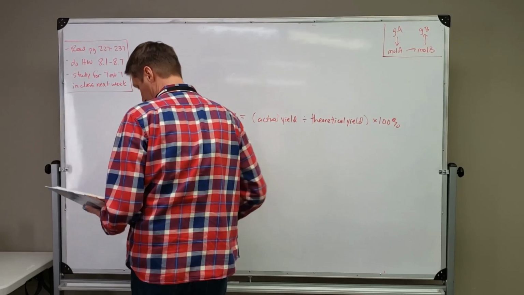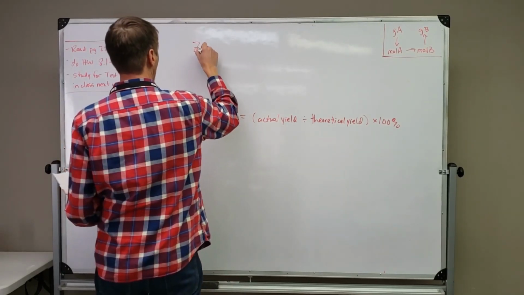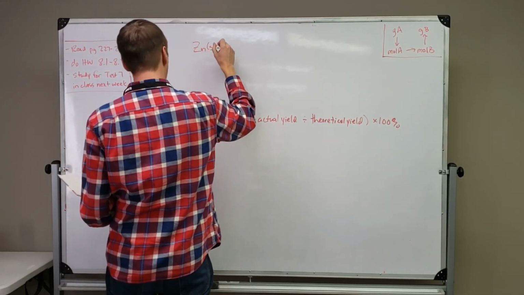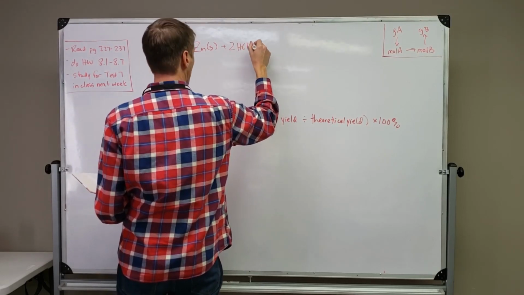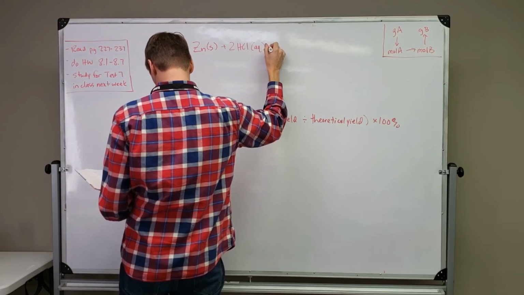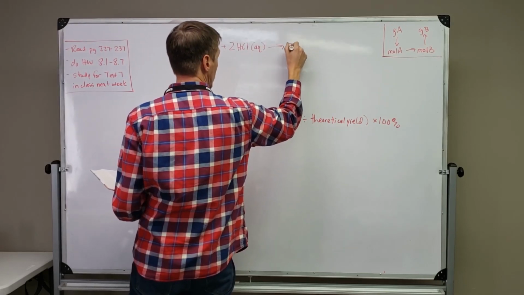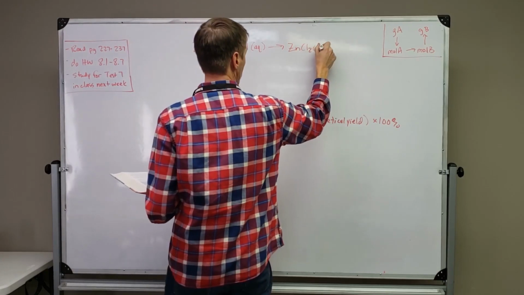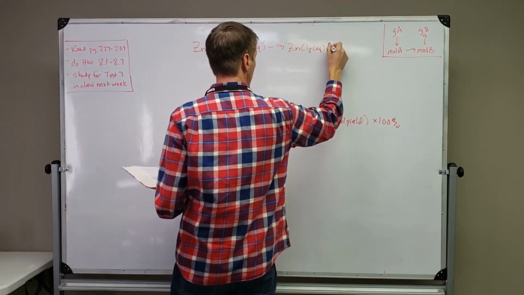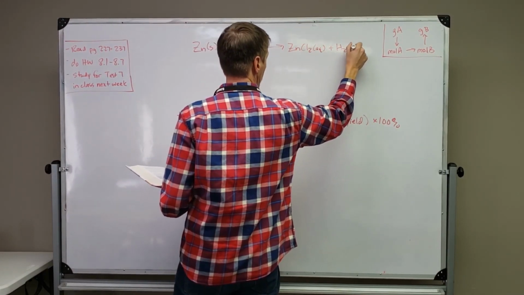Our chemical equation says that we have zinc, solid form, plus 2HCl in aqueous form, yields ZnCl2, also aqueous, plus H2 as a gas.